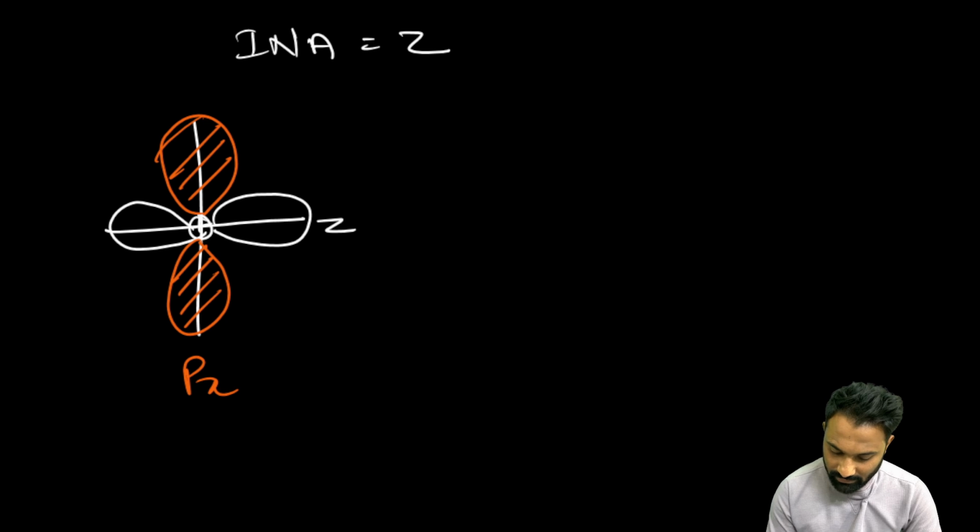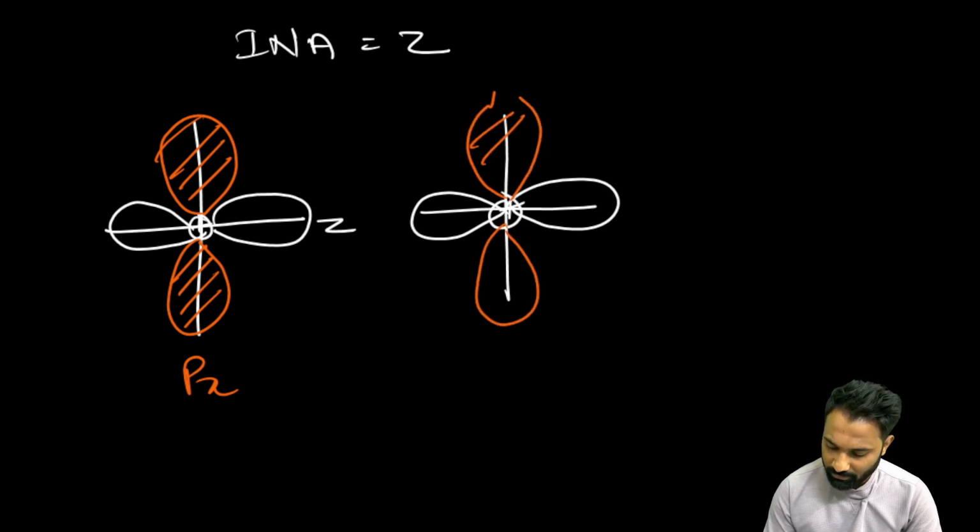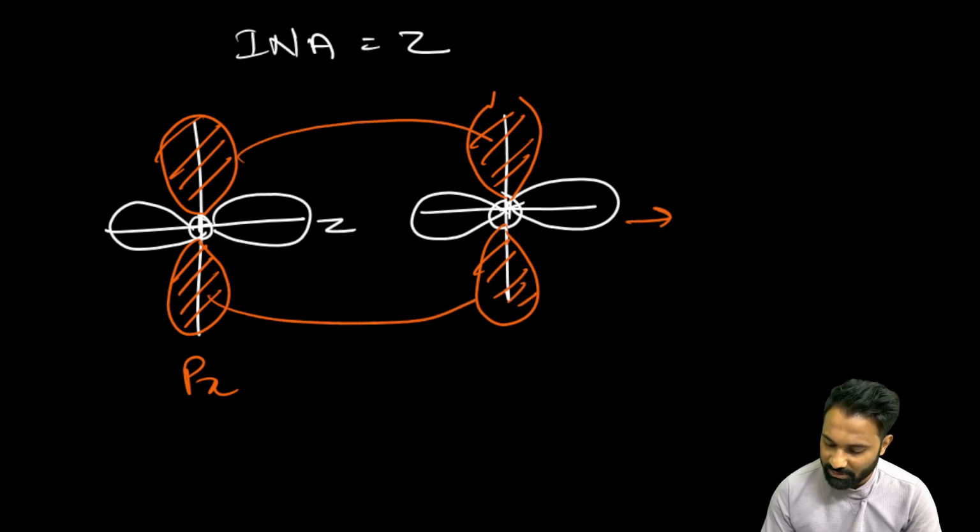Clear? Then pz orbital is not having any electrons, and the px orbital we are having the electrons. Now this px orbital sideways overlap leads to give which one? Pi bond. It leads to give the pi bond.